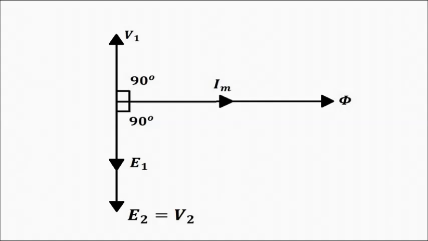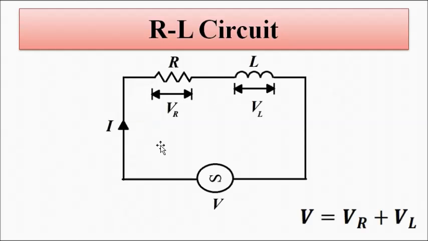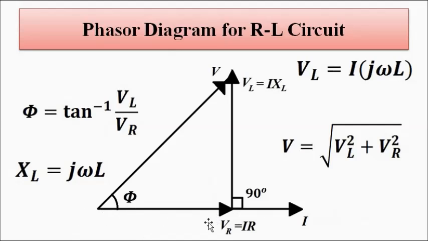For that, let us have a quick look at the basic RL circuit, which we have already discussed. In the RL circuit, an AC supply is connected across R and L, a resistor and an inductor. The voltage drops across the resistor and inductor are VR and VL respectively. For a purely resistive circuit, the voltage drop across the resistor and the current are in the same phase. VR is equal to IR, with I being the reference.